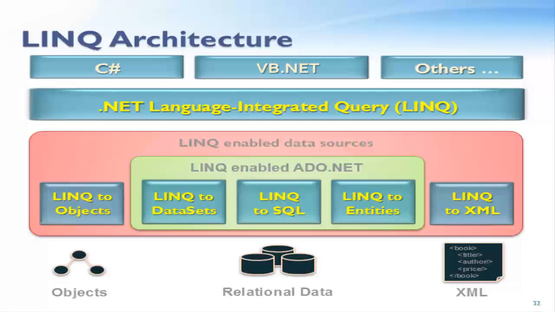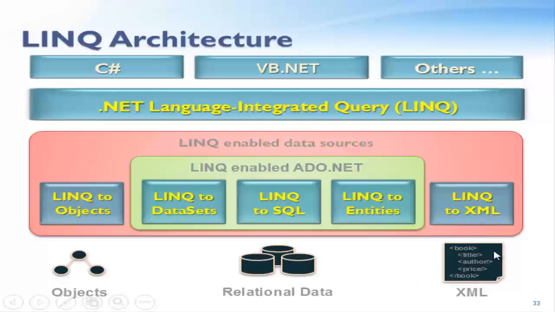Now let's look at the architecture of Linq. At the bottom, we have various data sources like objects, relational databases, and XML. And we have the programming languages, and all these programming languages have been extended in order to support Linq. Between your programming language and the data source, you have the various Linq data source providers.